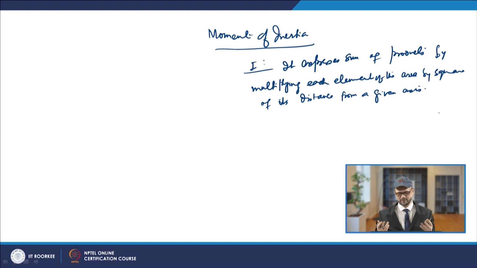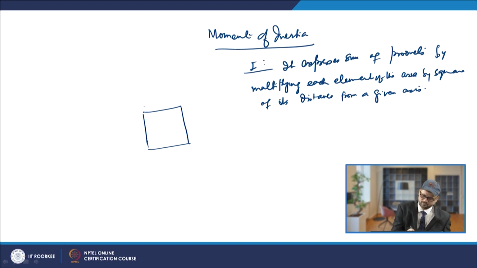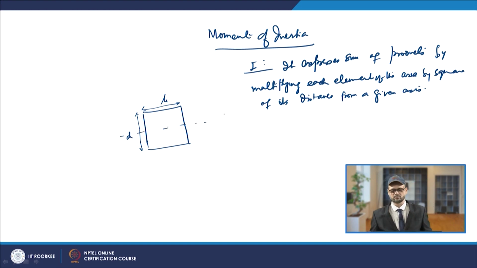If you talk about any rectangular section with different axes of reference, suppose this is B and this is D, and you are talking about this axis, then this is basically your neutral axis, and this becomes the axis of reference.